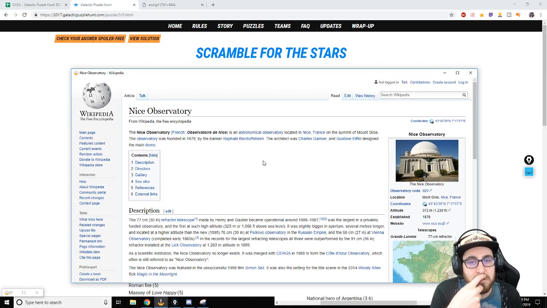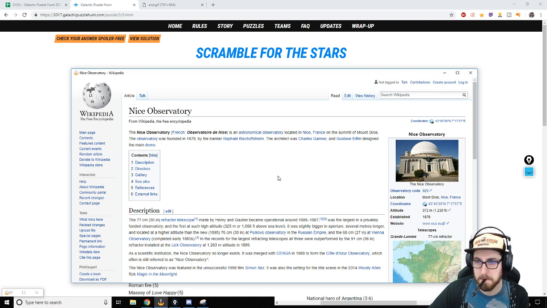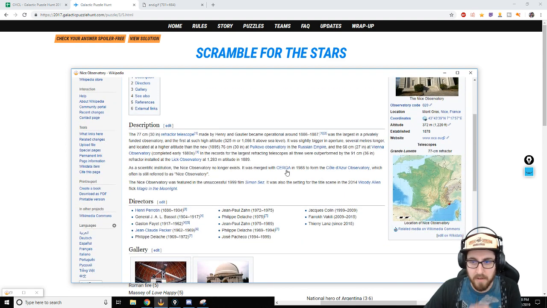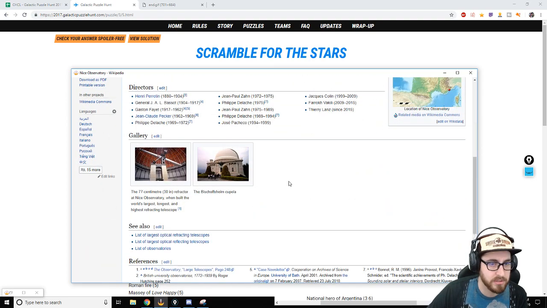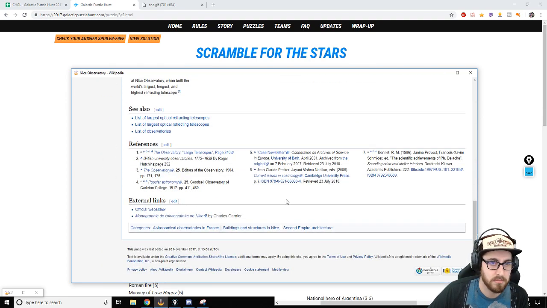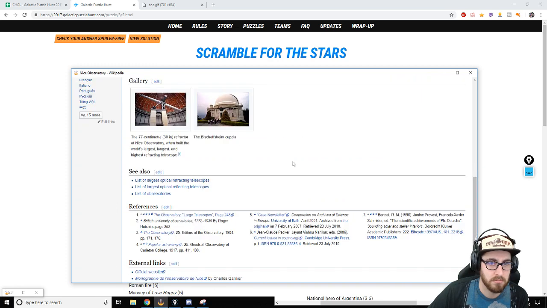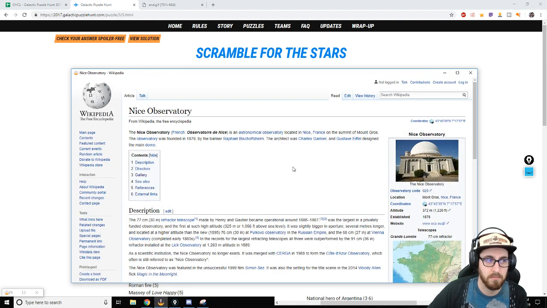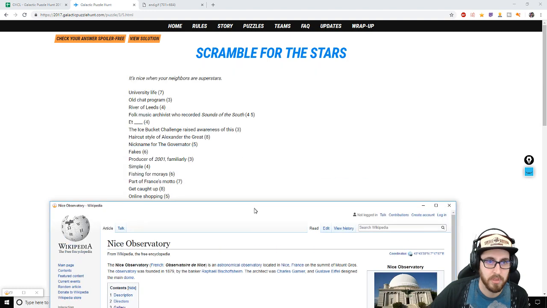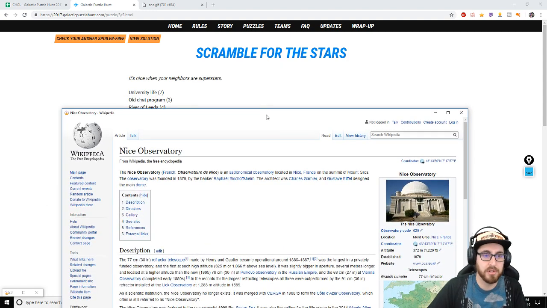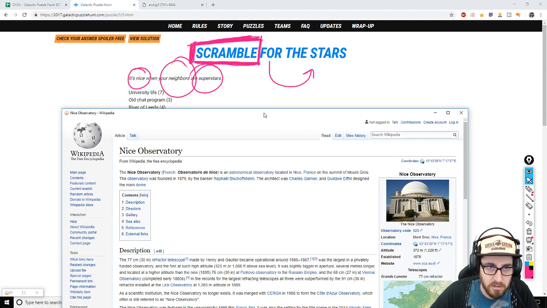Astronomical observatory located in Nice, France, on the summit of Mount Gros, was found in 1879. So from this point, we need to look out. I still think we can ignore this information.